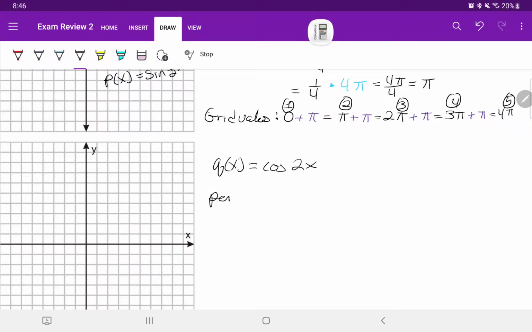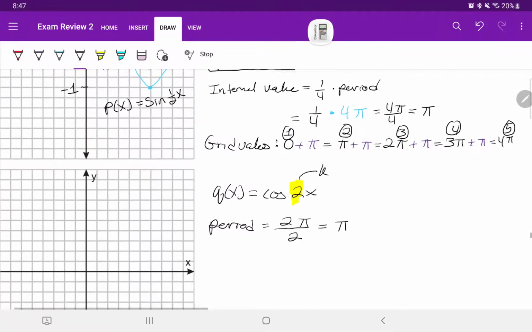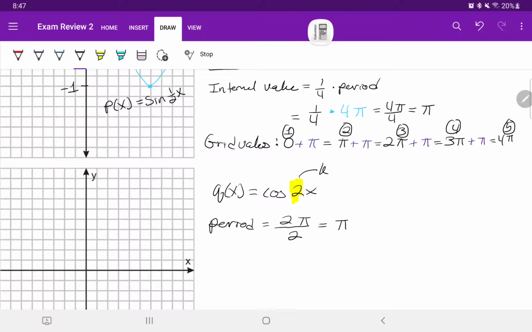To find the period, it is 2 pi divided by k. And the value of k in this case is 2. So 2 pi over 2 is pi. So in this case, it's going to take pi to go around once.